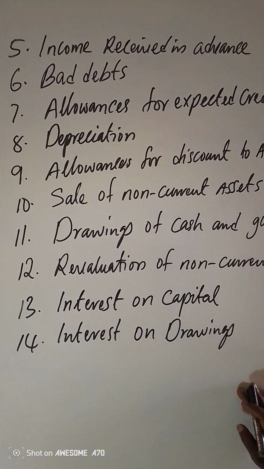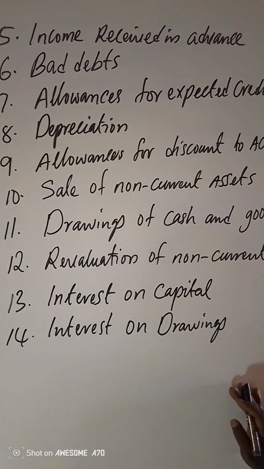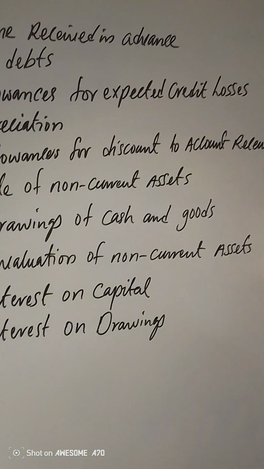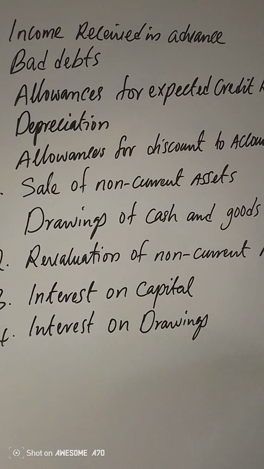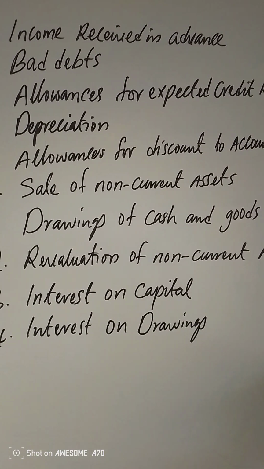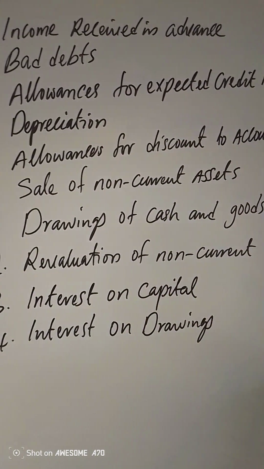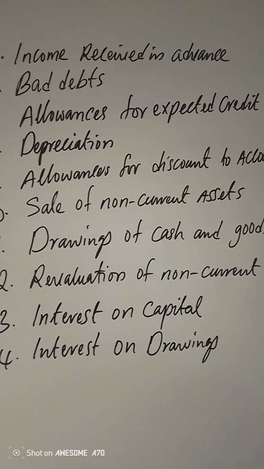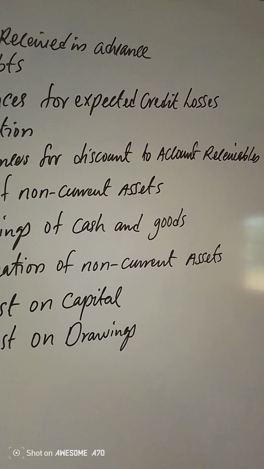With one reason or another, the debts are not being collected at all, and there is nothing the business can do about it. Such debts are referred to as bad debts, and they are written off the books, and then it becomes an adjustment. You have to adjust because the business has already recorded the expected income to be collected from the customers. So if they cannot collect it all, then it becomes bad debt.